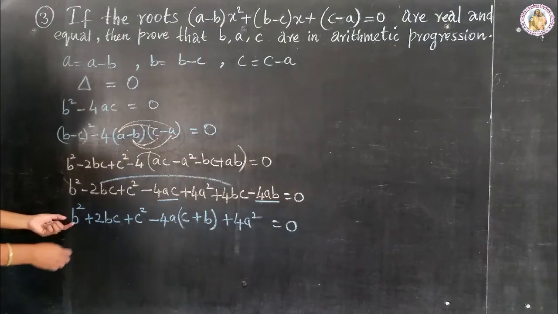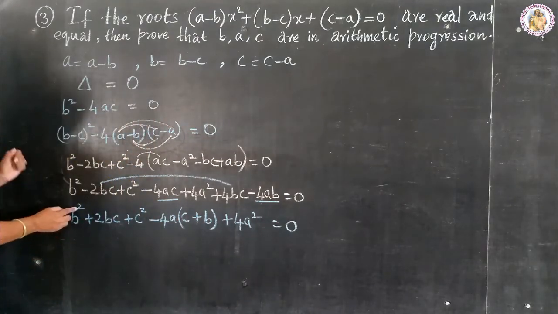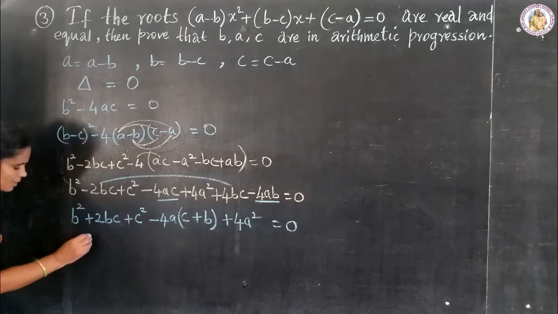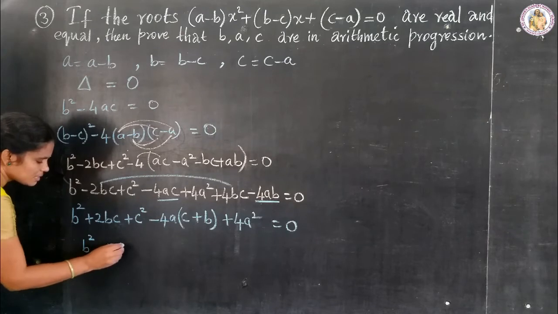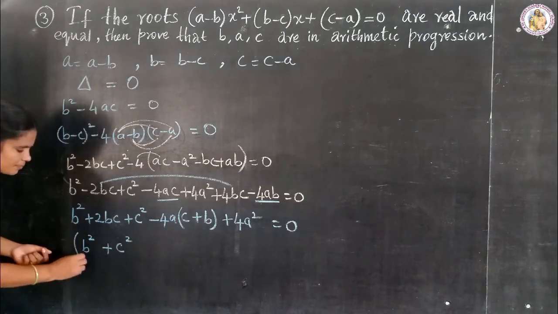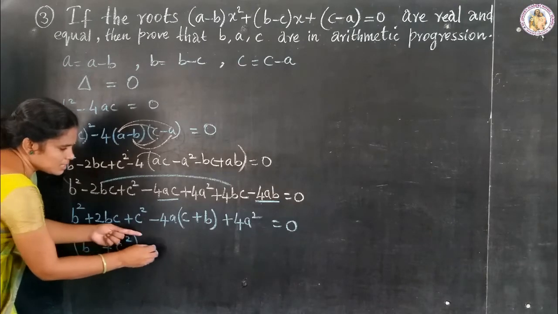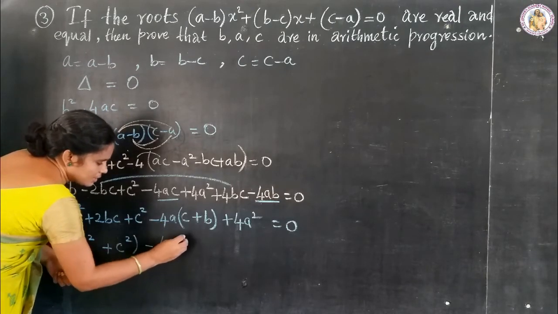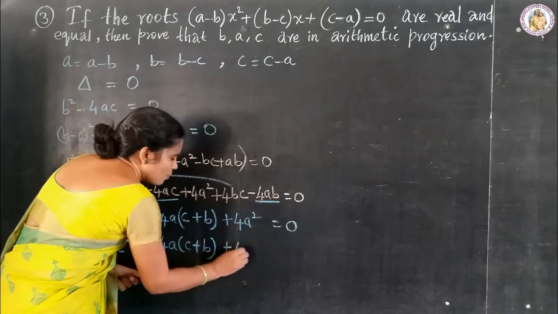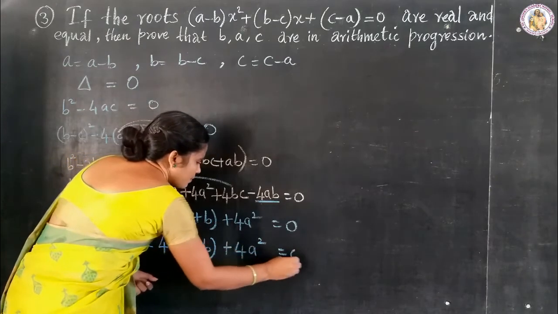Okay, and now here you can see b square plus 2bc plus c square is nothing but b plus c whole square, minus 4a into (c plus b), and here we have plus 4a square is equal to 0.